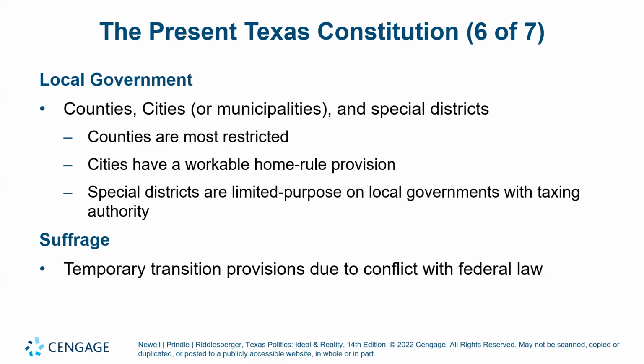Special districts are limited purpose districts, meaning they have limited purposes in local government, and they do have taxing authority. School districts are considered the best example of this, because they're the most pronounced of special districts, because they're the most visible. But again, they are limited purpose because the main goal of special districts is education, right?